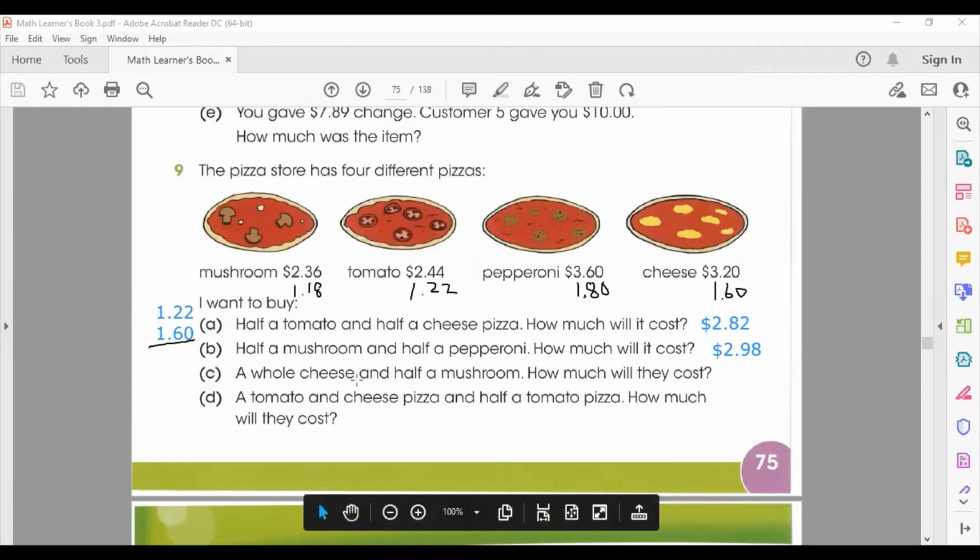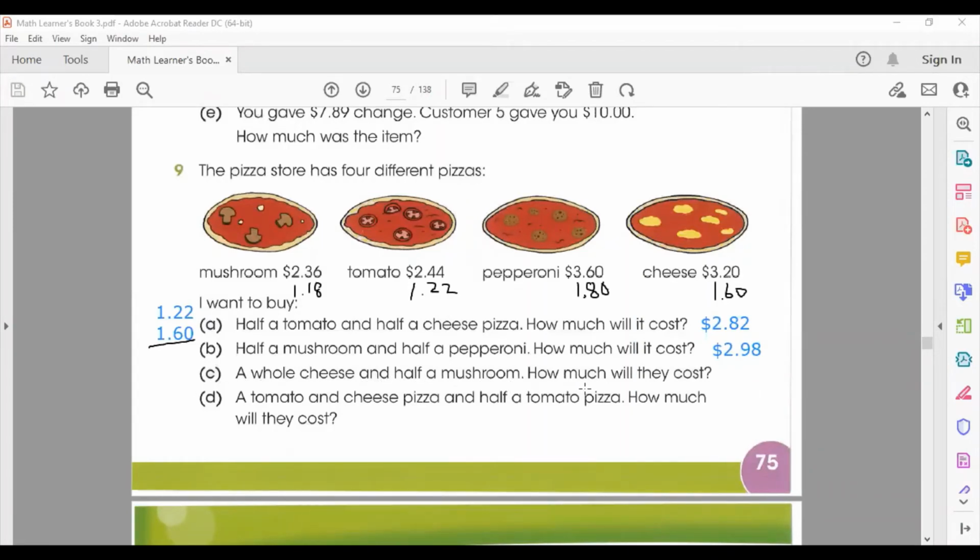A whole cheese and half a mushroom. How much will they cost? Whole cheese, we need to take the whole cheese price, $3.20, and half a mushroom, $1.22.